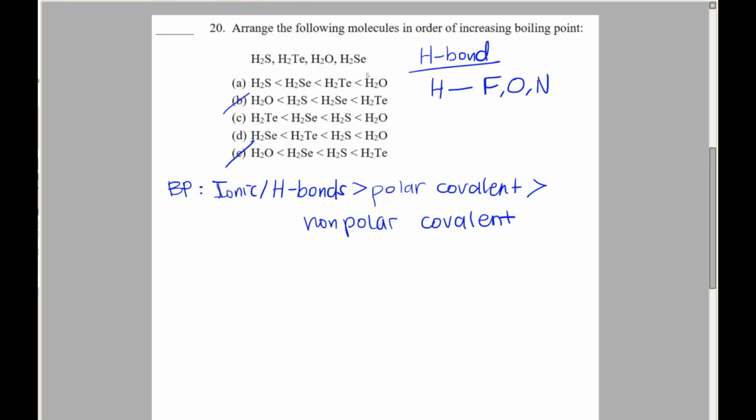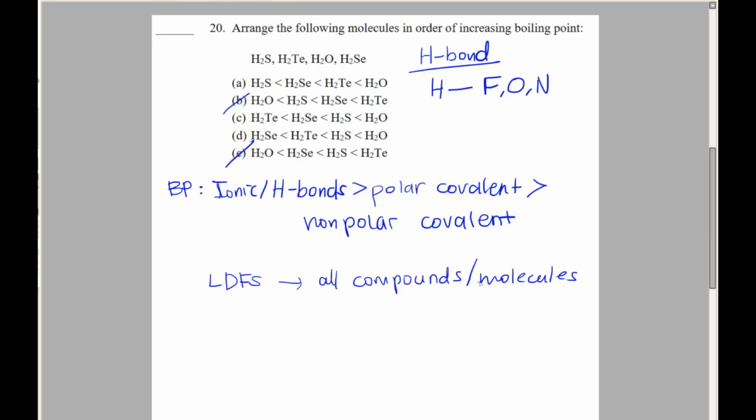The rest of these are all also polar covalent, just like water. And because they're all polar covalent, we can't just use that to order them in terms of boiling point. We have to look at the London dispersion forces. London dispersion forces happen in all molecules, whether they're non-polar covalent, polar covalent, or ionic.